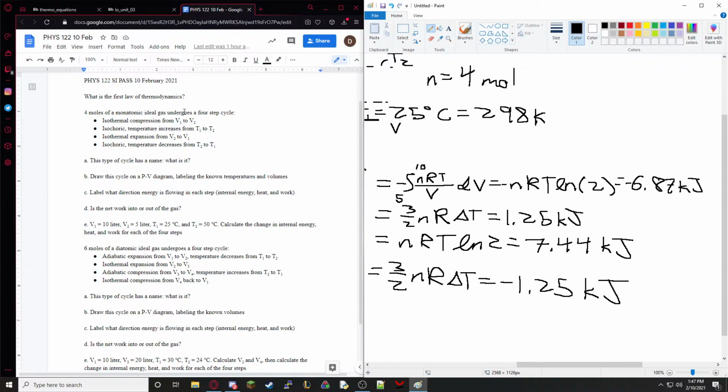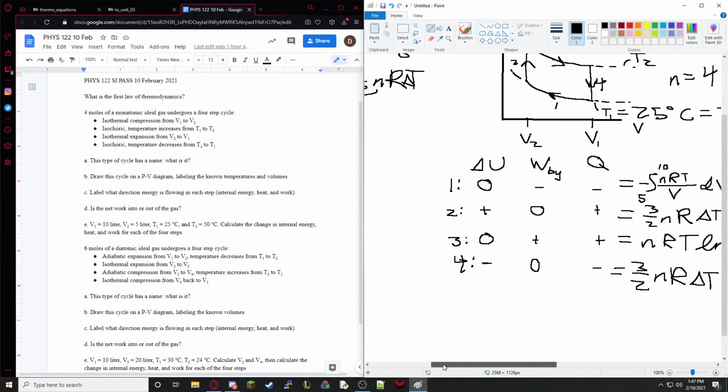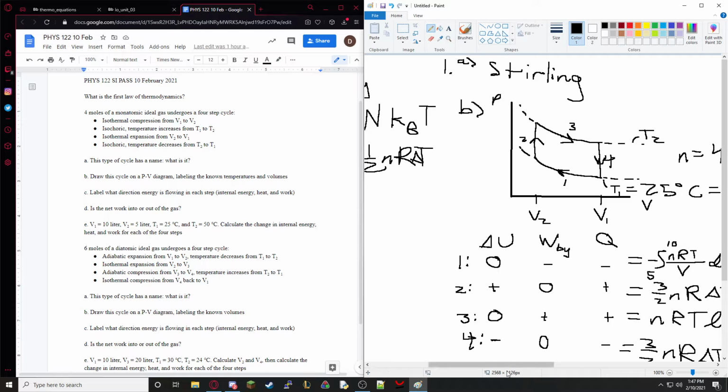If you're given, for example, P1 and P2, it's a bit more complicated to do the isothermal process.